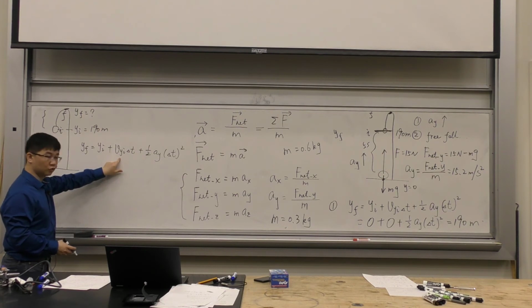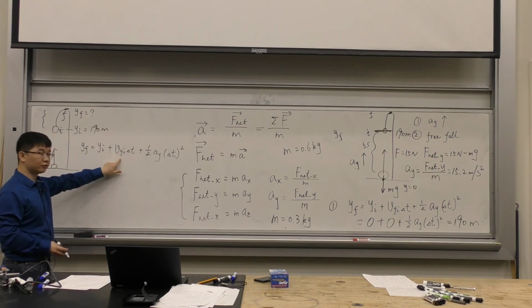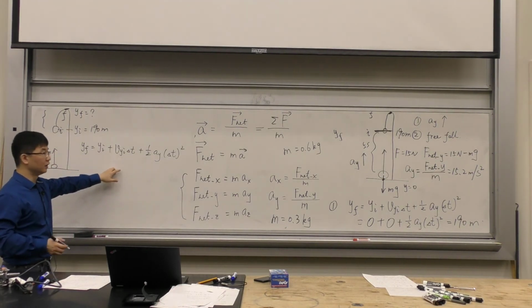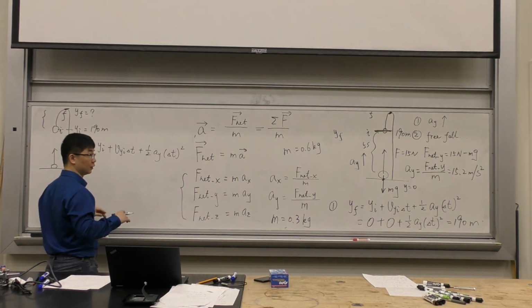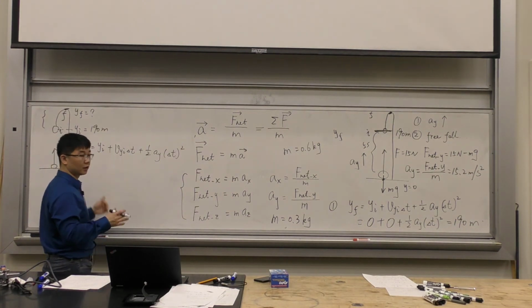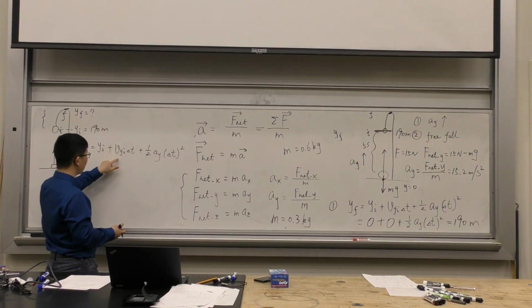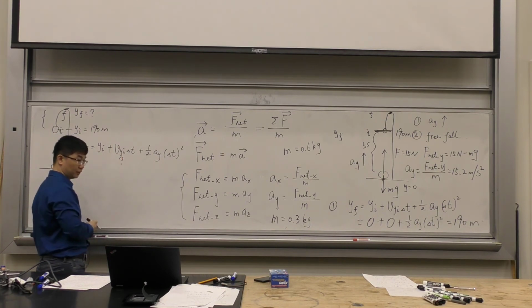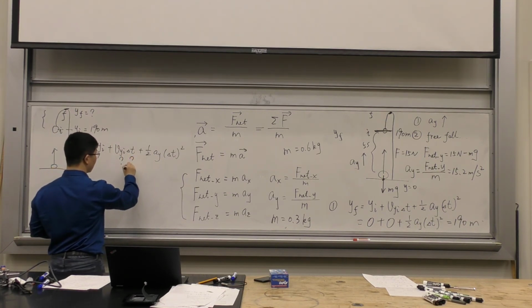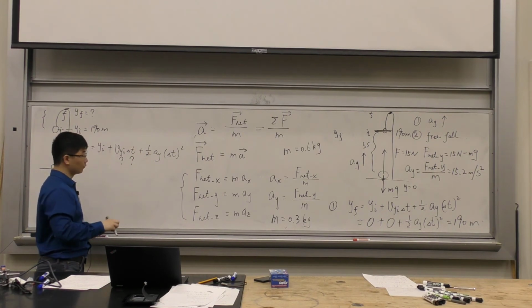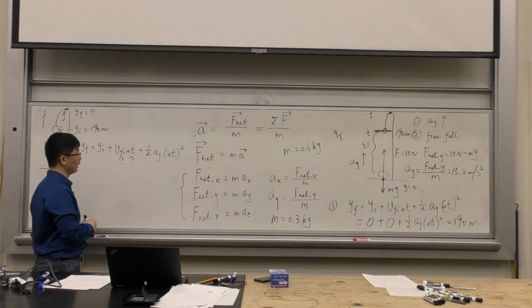VYI I don't know, okay? I could find it, okay, but let's see if I have all the numbers I need, right? If this is too complicated, I'm just going to try the third equation. So I don't have this guy, let's put a question mark here, and I don't have the time, so I have two unknowns, okay? So it looks like it's going to be difficult, okay?